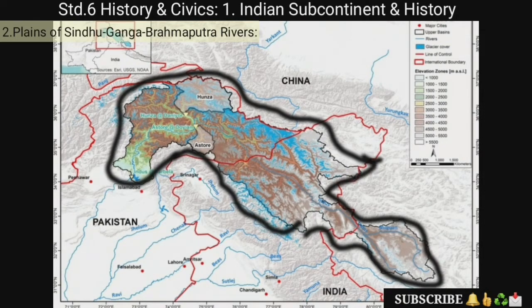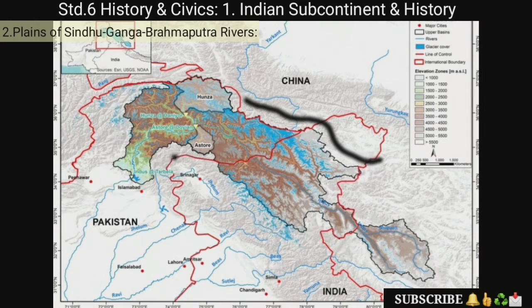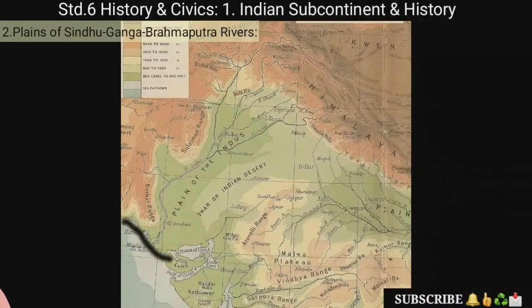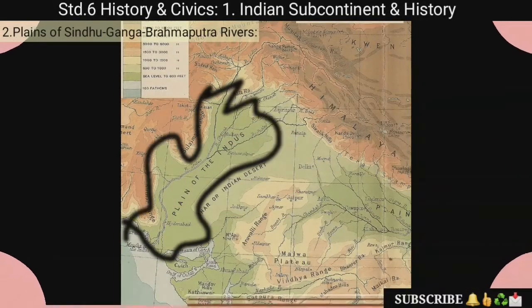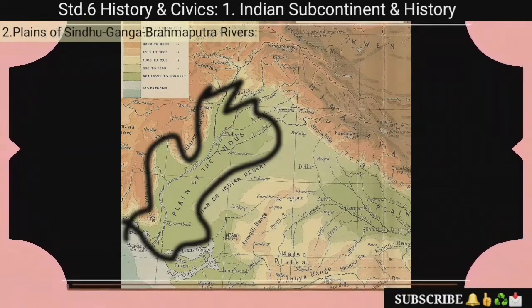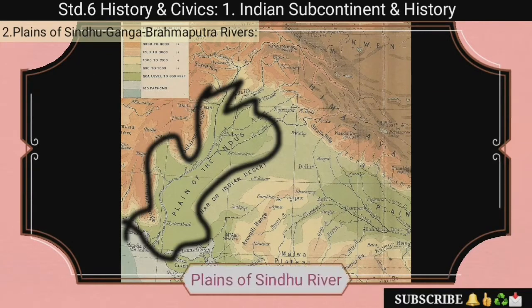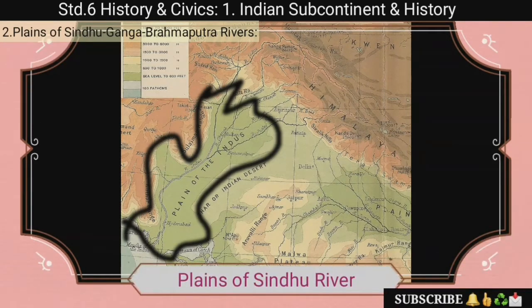First of all, we will have short information about the Sindhu river. Sindhu or the Indus is a transboundary river of Asia and a trans-Himalayan river. What do you mean by transboundary?